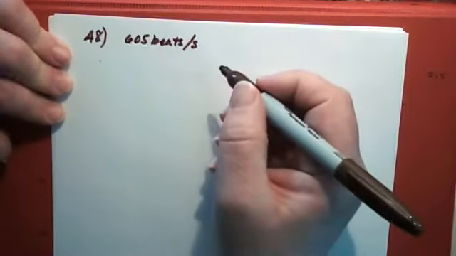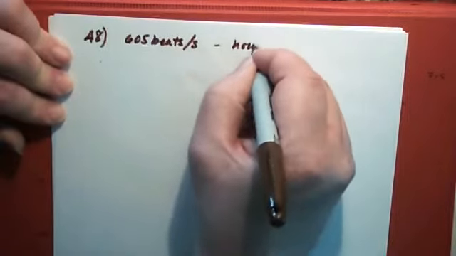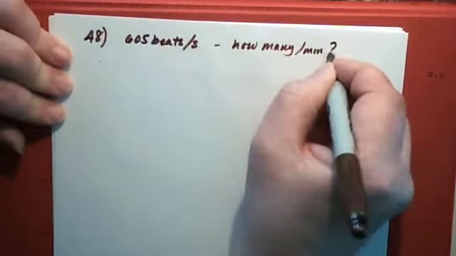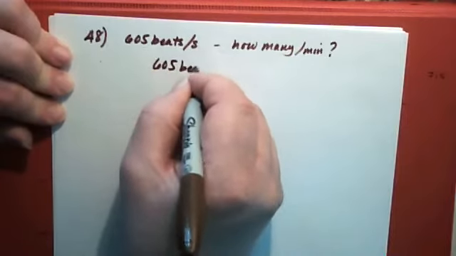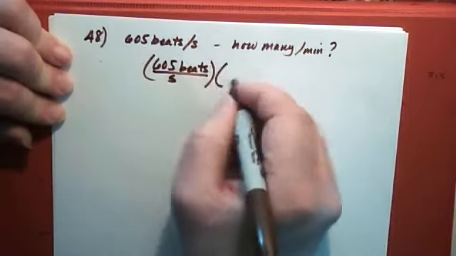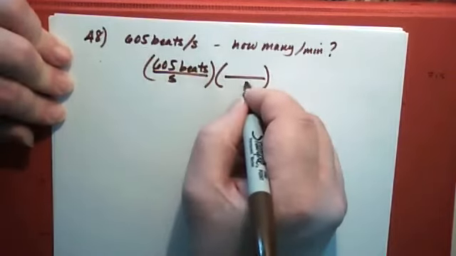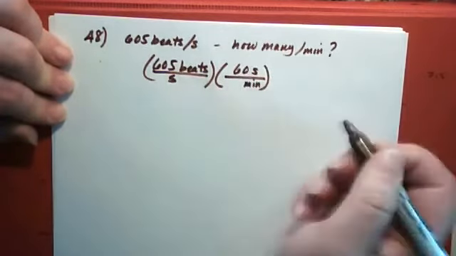And the question is, how many wing beats occur in a minute? Well, if you have 605 beats per second, and you want to change that to minutes, well, there's 60 seconds per minute.